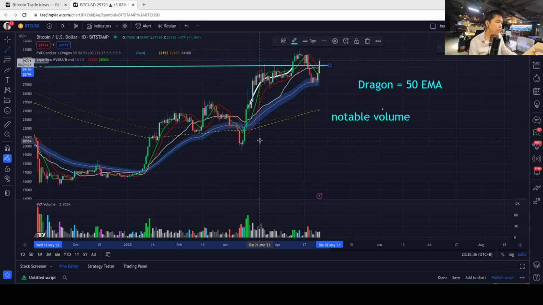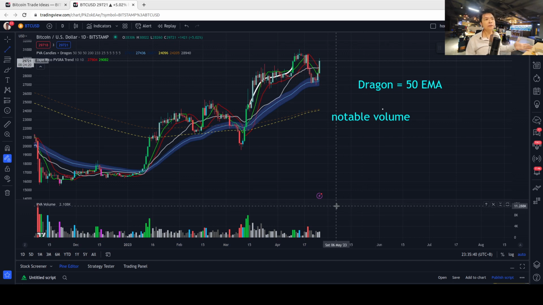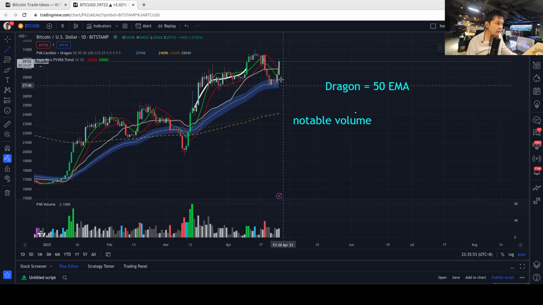But let's take a look at the next move, which is the important part of using all these indicators. It's not what happened in the past, it's what is going to happen from now on. If you look at this, the green line is crossing the red line, and this will probably continue.